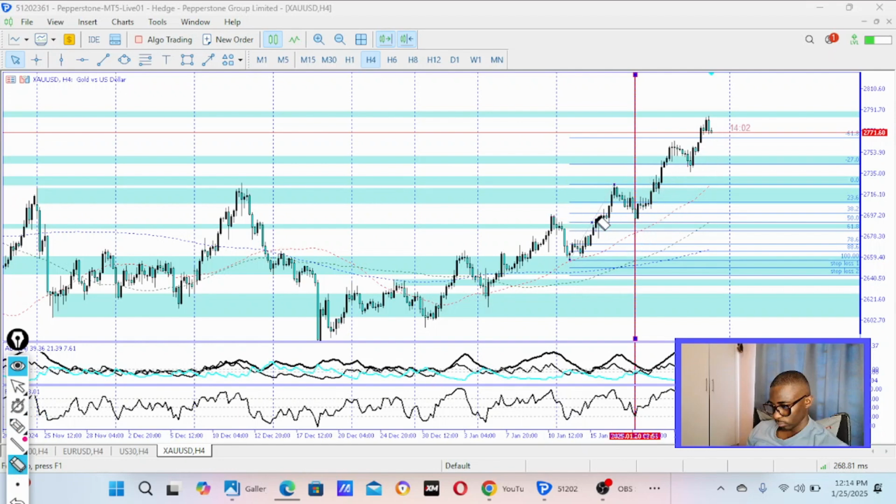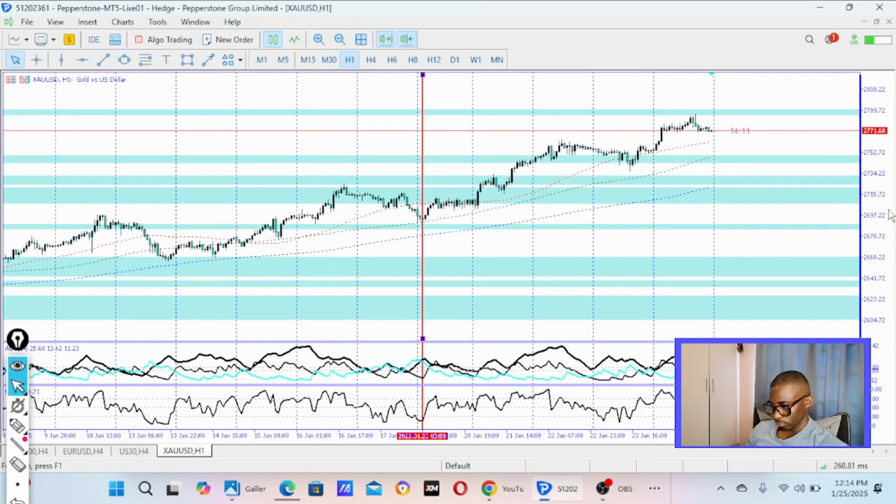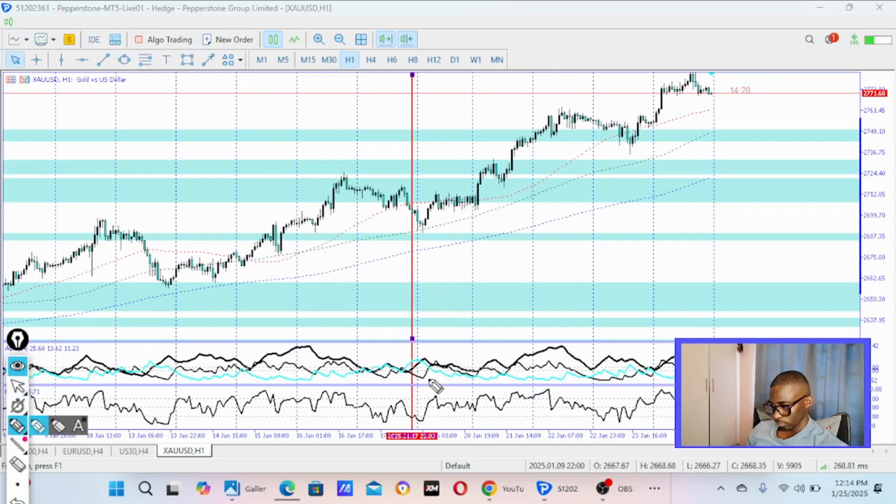So let's look at H1 to see where you could have gotten this entry. Price made this large shoulder, and this is the right shoulder.